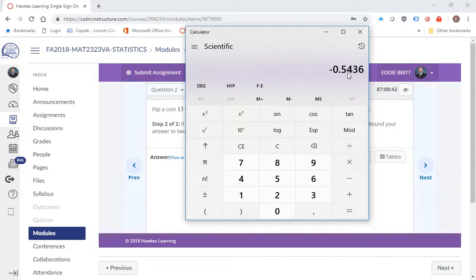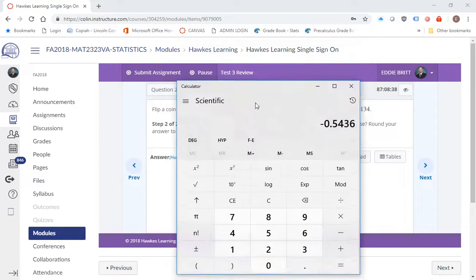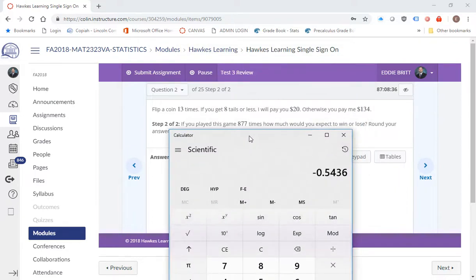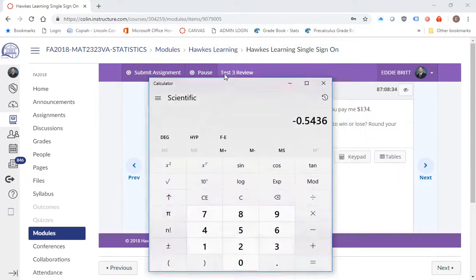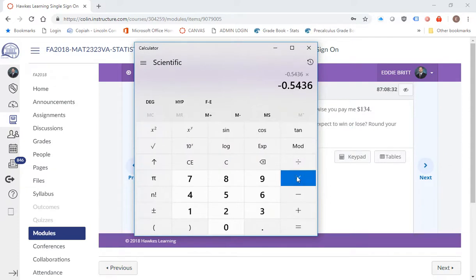So that's how much on average we're going to lose each time. If we play this game 877 times, let's say this times 877, then I could expect to lose this amount.